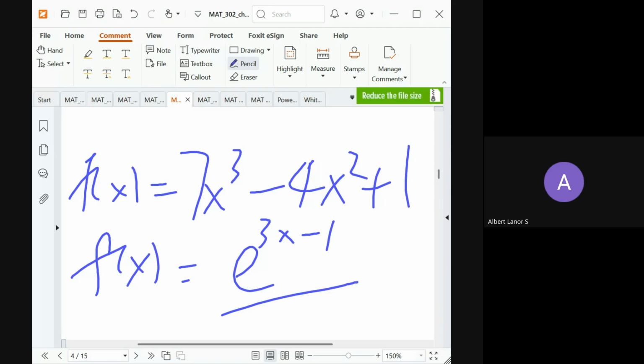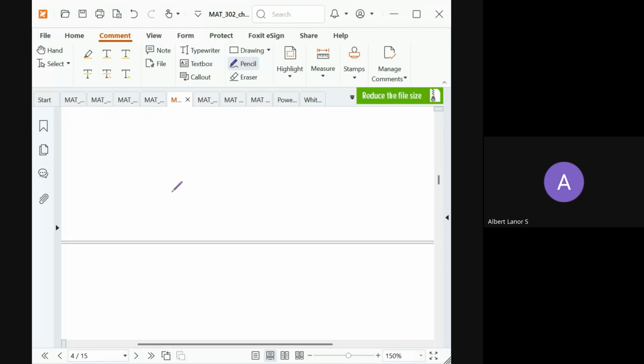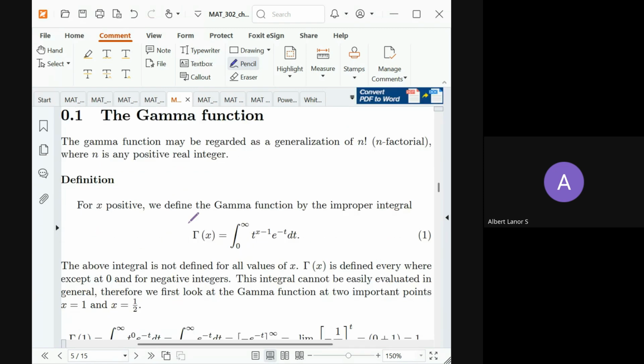So also, we have a class of functions called the gamma functions, and the gamma functions are of this form. The gamma function is the generalization of the n factorial, where n is any positive real number.